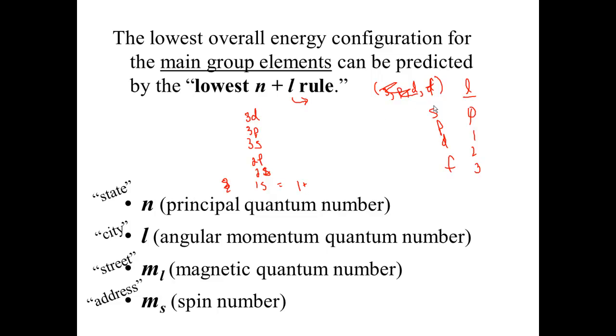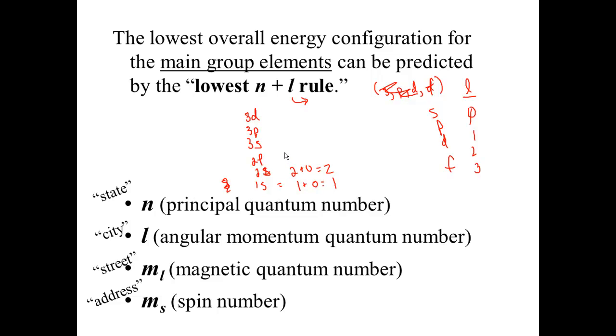And the l value is equal to 0. A 2s subshell has an n value of 2. The l value, since it's s type, is also 0. So that's what we mean by taking a subshell and assigning an n plus l value.